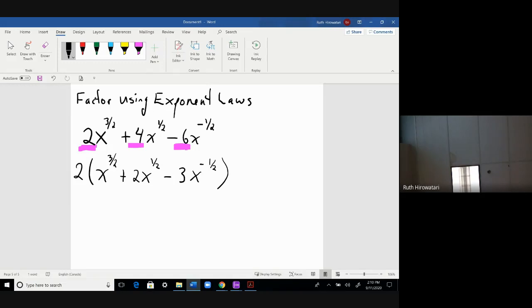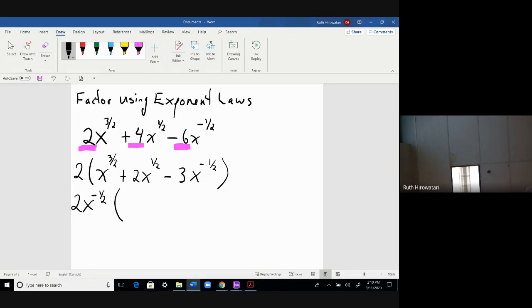Well, I'm going to tell you that you actually still have a common factor here. And that common factor is x to the power of minus 1/2, the lowest power.